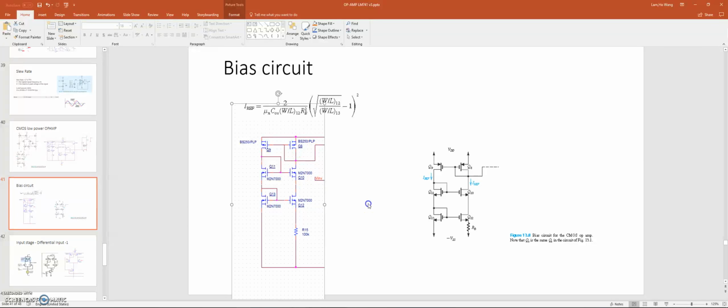We're constructing this in PSpice. I'm not able to configure the individual width of each transistor, but there is an equation to calculate the reference current, and this can be tuned by this resistor over here.